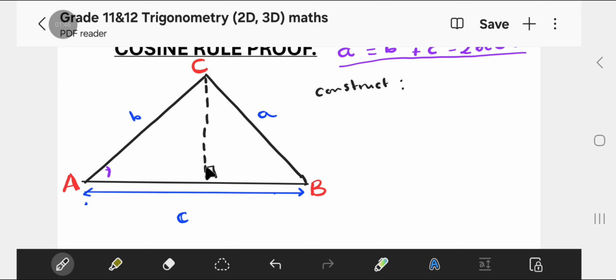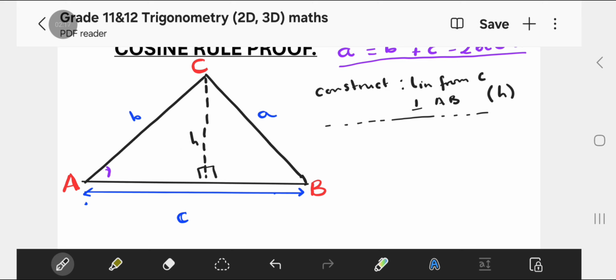So this is perpendicular right there. So we are constructing a line from C that is perpendicular to AB, like that, right? So this line we must call line H, the perpendicular height.